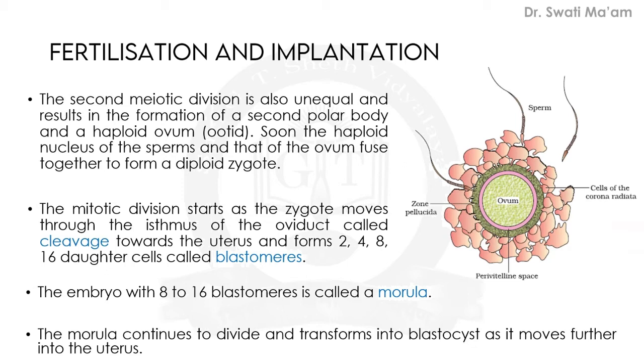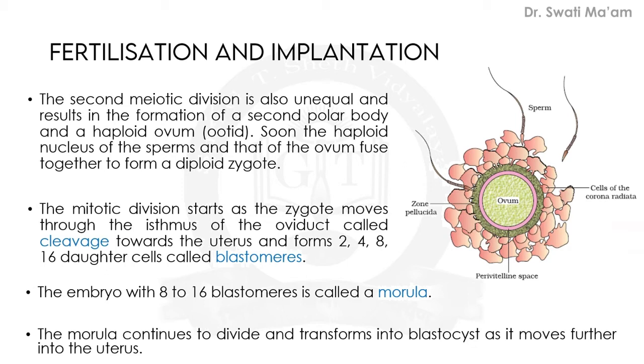Now the second polar body develops, and the haploid ovum is also present. Soon the haploid nucleus of the sperm and that of the ovum fuse together to form a diploid zygote. In this way, a zygote is formed when the sperm enters.